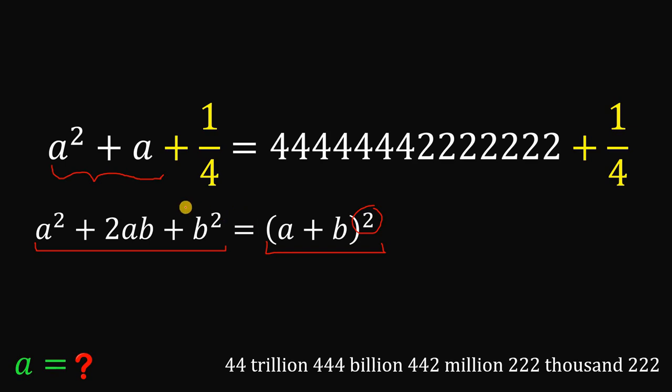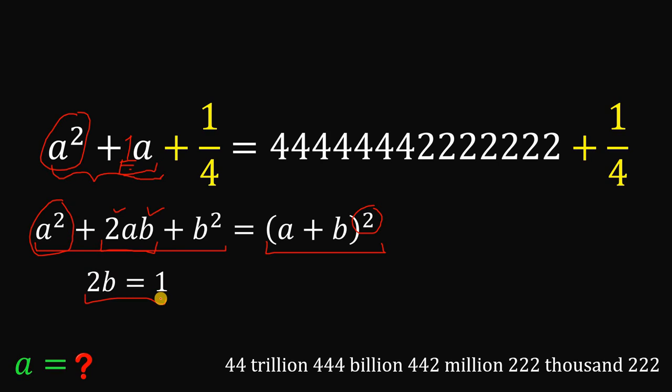So a squared plus 2ab plus b squared is definitely a perfect square trinomial. Now by comparison, we have here a squared. Next, we have here a, but in this term, we have 2ab. And we can say that 2 times b must be equal to 1 to make this equal to a.